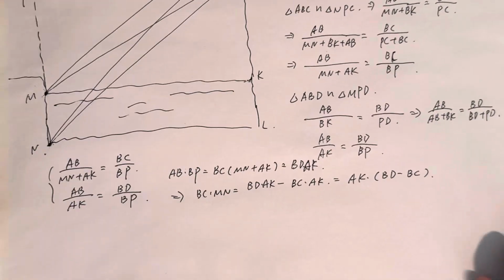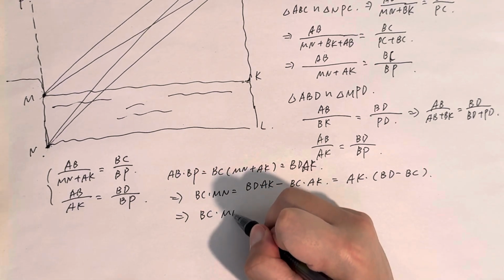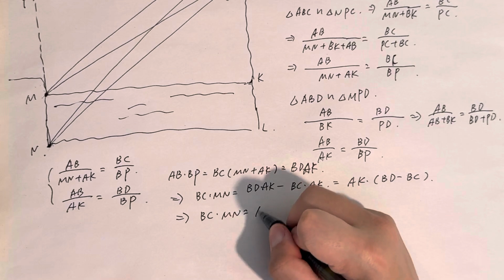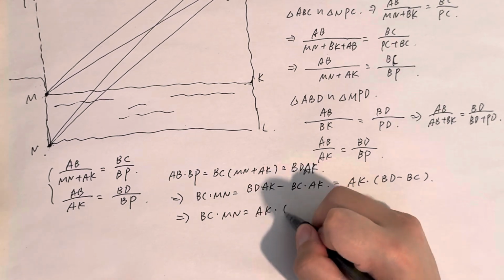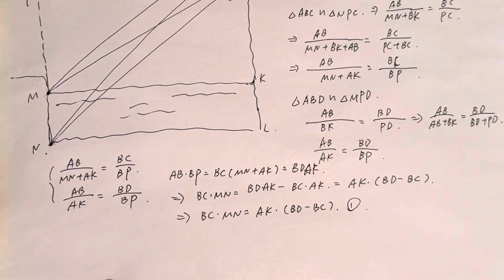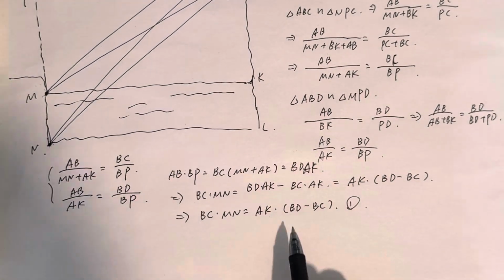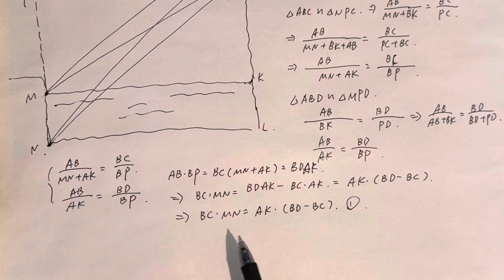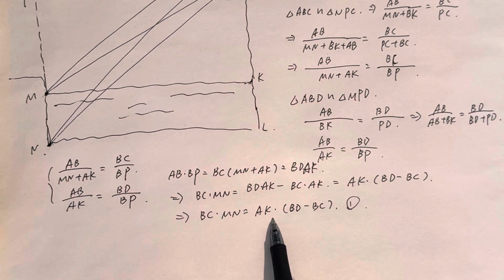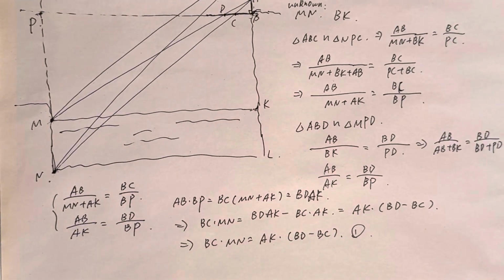Okay, so we have BC times MN equals AK times (BD minus BC). Let's call it 1. Now we can see in this equation, we don't know MN, we don't know AK. For the other part, we know BC, we know BD.